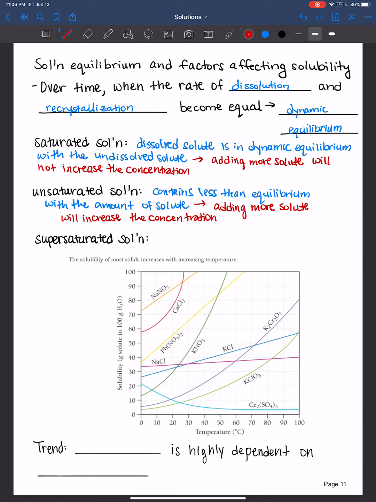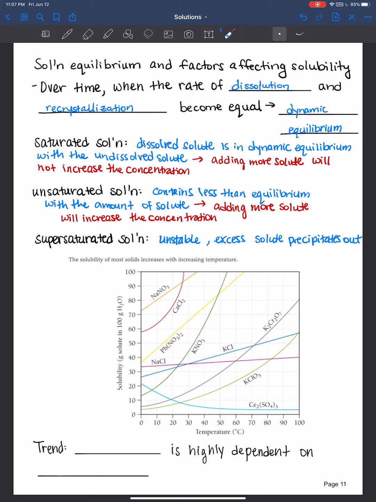And then if you have a supersaturated solution, these solutions are unstable and the excess solute precipitates out. And I always like to give the analogy.